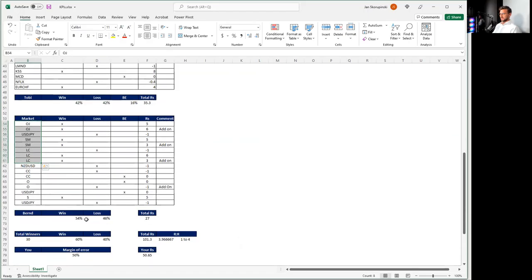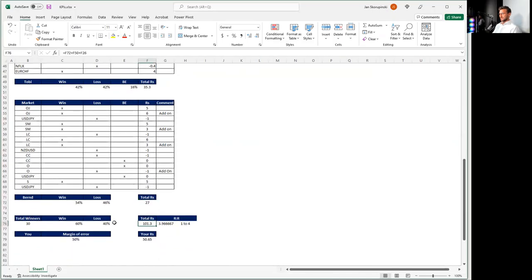He has a 54 to 46% win loss, and he collected a total of 27 Rs. Now, if you put all of that together, you have a total of 101 Rs with a 60-40 win to loss ratio, with an average risk to reward of 1 to 4, which is far exceeding all the objective goals that we have. So clearly, all put together, it's a winning streak.